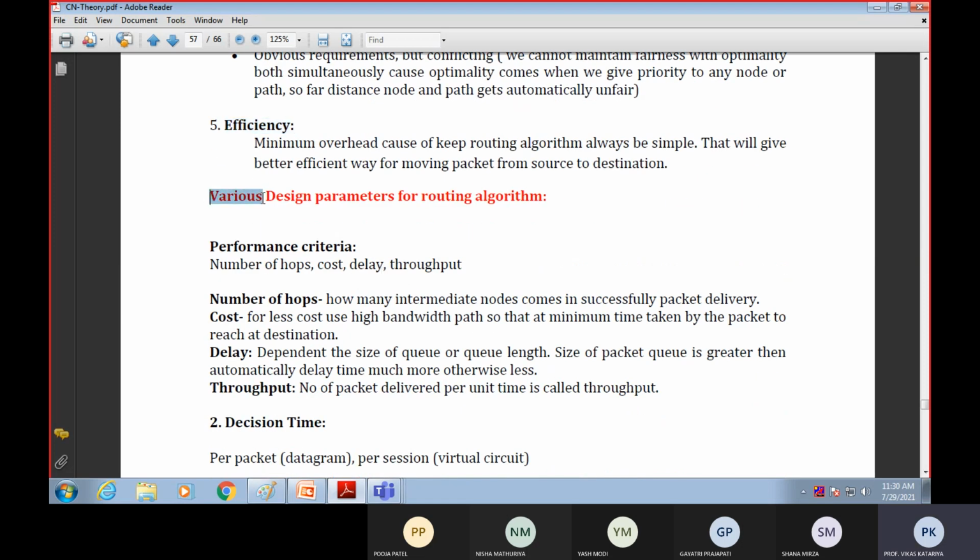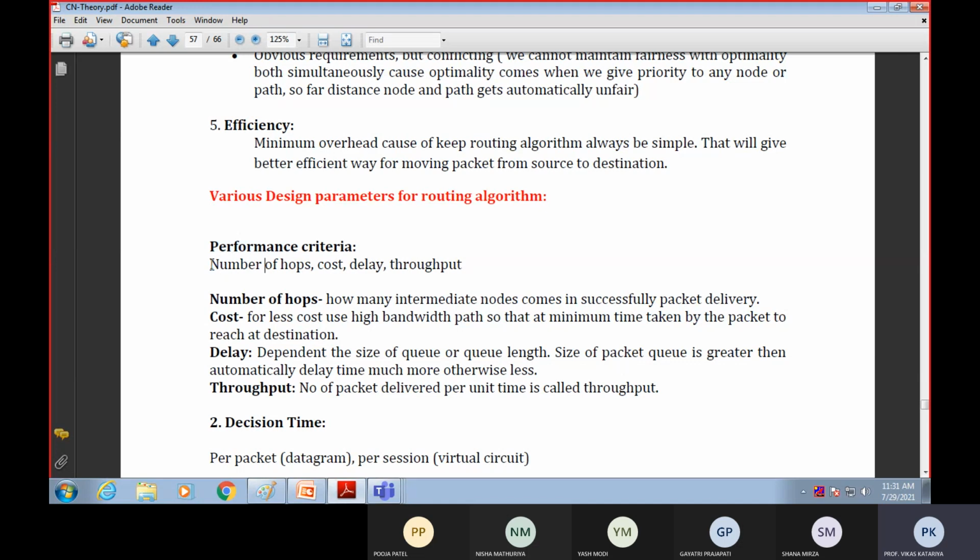Now next are the various design parameters for a routing algorithm. Suppose we want to design a routing algorithm, then what parameters do we have to work on? So first, the performance criteria. If we calculate the performance criteria, it should be maximum. So how do we calculate the performance criteria?